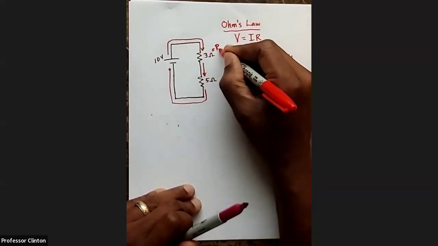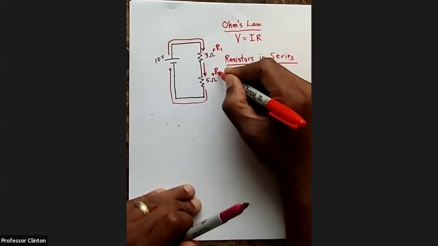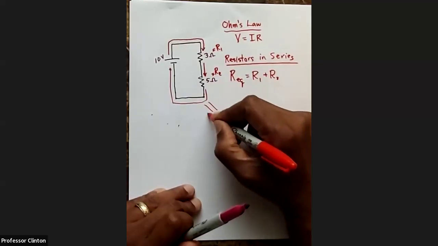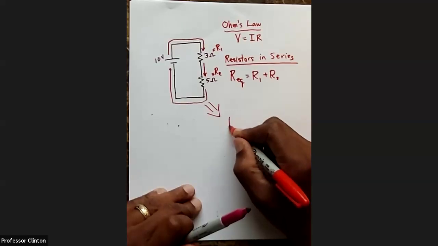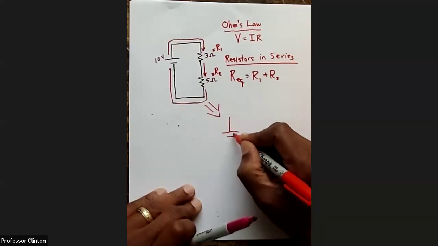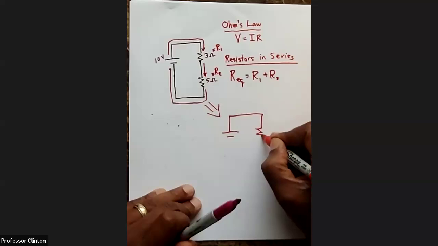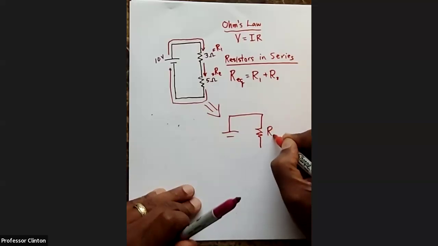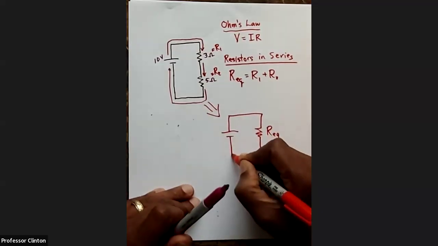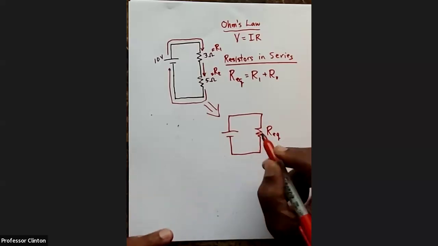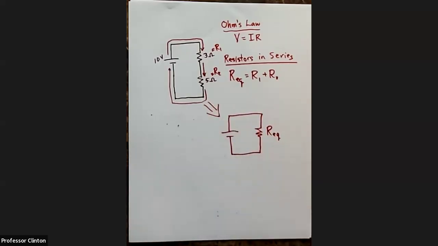Let's say this is R1 and this one is R2. Now our end goal here is to create sort of a big, huge resistor, which we'll call R equivalent. We may have to go through multiple steps when the problem gets a little bit more complex, but this one is pretty straightforward.